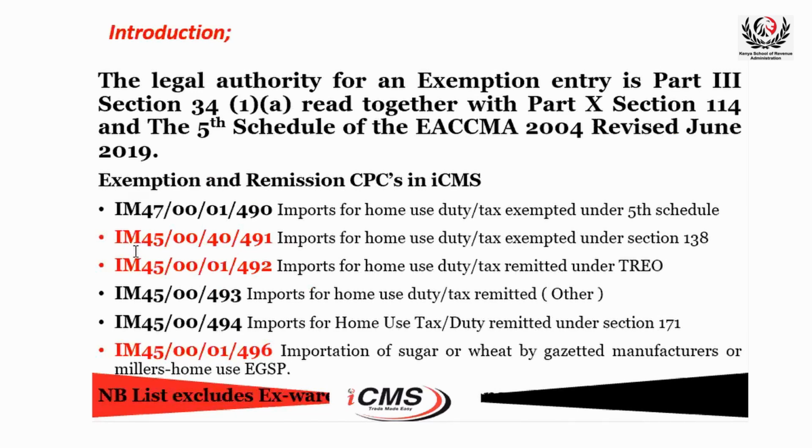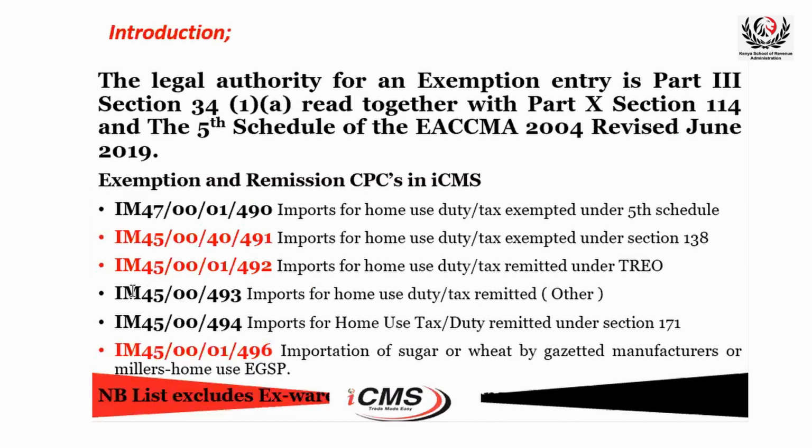For the remissions, all of them are imports. They have a requested procedure of 45, 00, 40, which may be a previous import declaration, duty paid, 491. You have IM 45, 0001, 492, this trio especially for motorcycles.